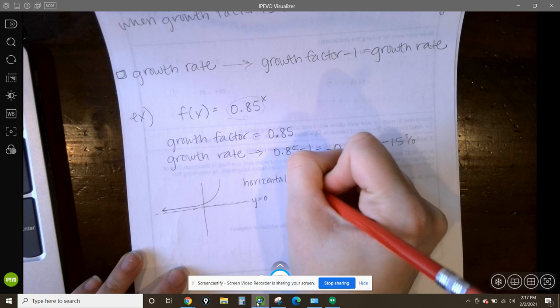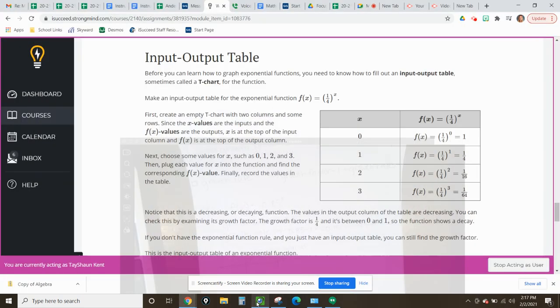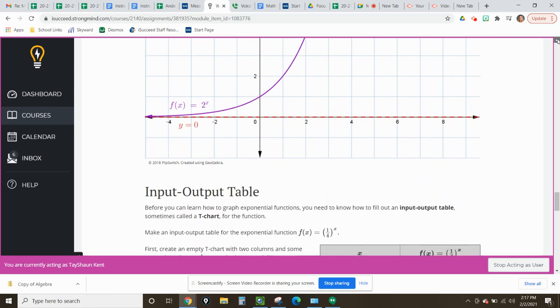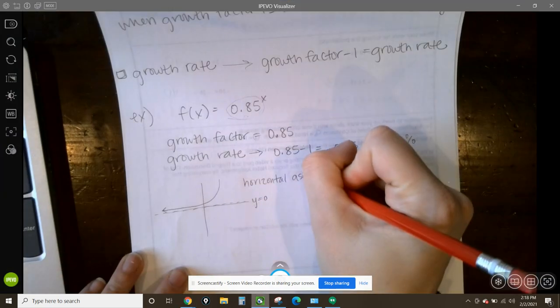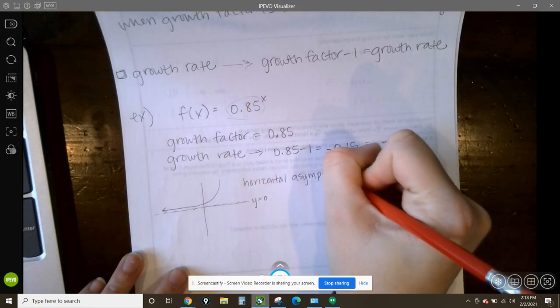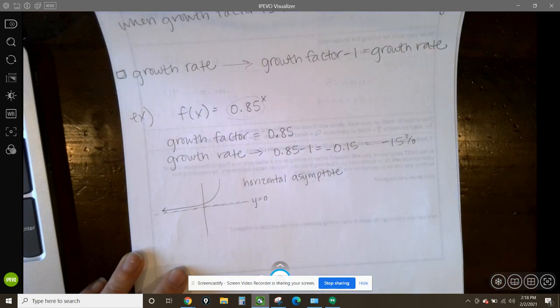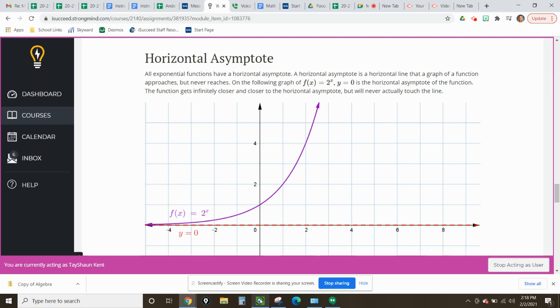So horizontal asymptote. Let me make sure I spell this correctly. Okay, now we can go down to that next part.